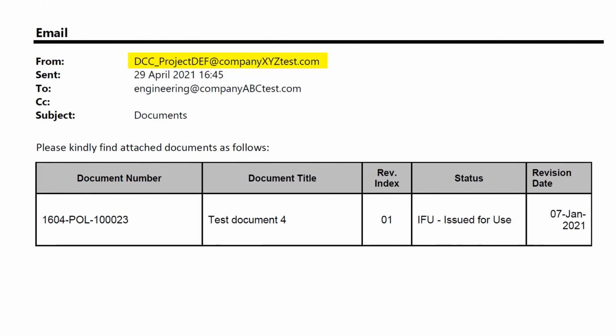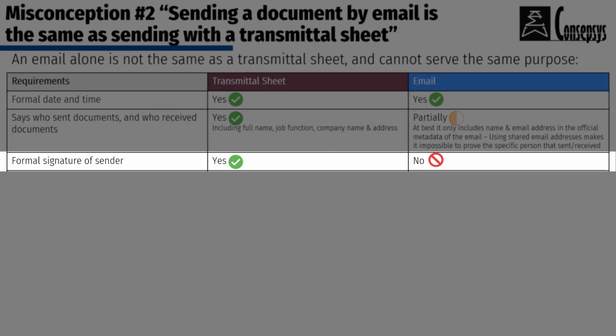But if you are using a shared email address, either for the sender or the recipient, it makes it impossible to prove the specific person that sent the email or received the email. Another requirement, formal signature of the sender. This is covered in the transmittal sheet as we have seen, but not in the email.